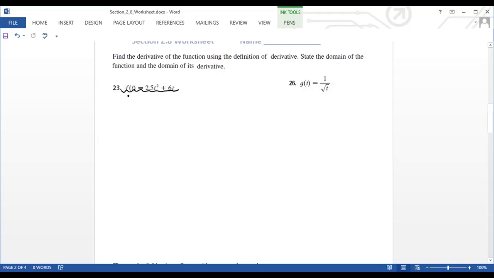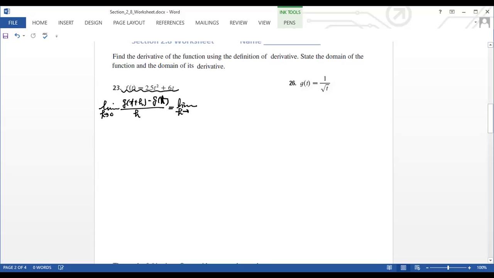Okay, so now let's try to do number 26 here. We say the limit as h approaches zero of g of t plus h minus g of t, all over h, right? Also with these ones, we just need to be extremely careful about our algebra.